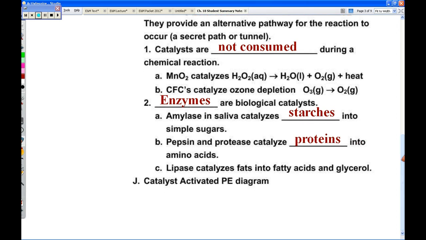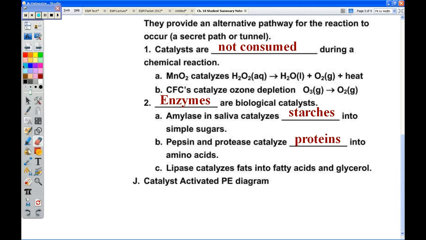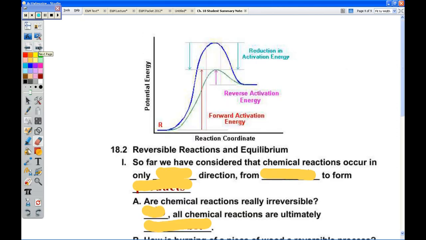Which brings us to our catalyst-activated potential energy diagram. We've only got a couple minutes here, so we've got to knock this out. It is this. The blue on the screen represents the uncatalyzed reaction. Got to go way over for the activation energy to get to there.